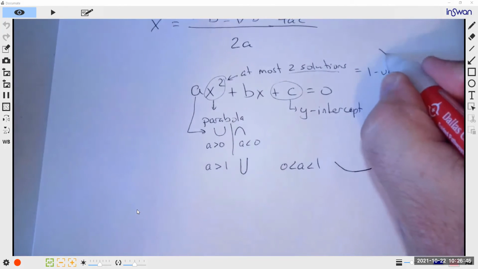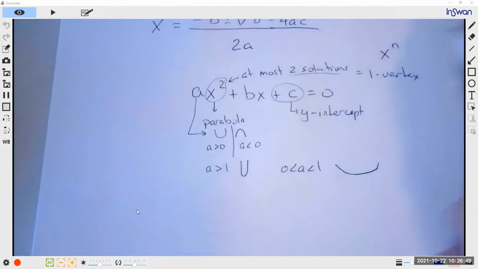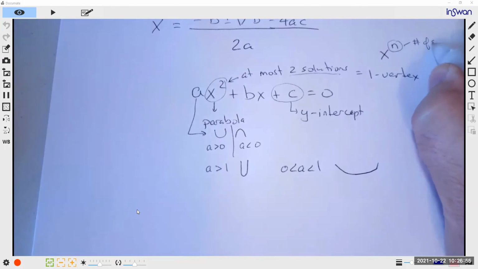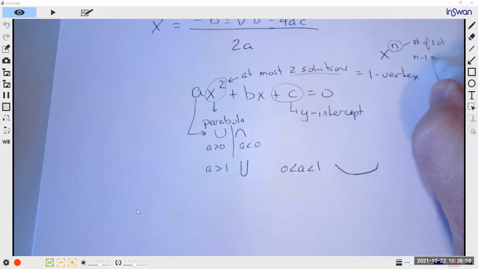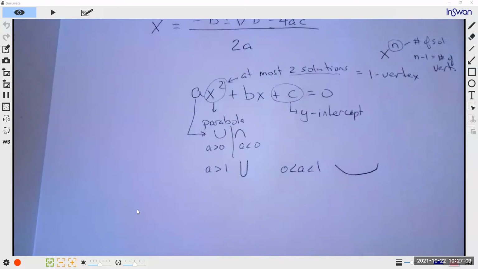So if you ever have x to the n, that's your biggest exponent. N tells us the number of solutions, n minus 1, the number of vertices. So we pretty much know the basic shape of this graph.